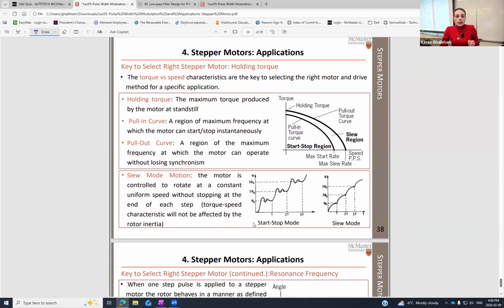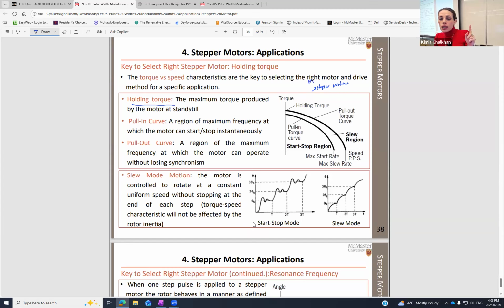And this one is the holding torque. Holding torque means you are going to speed up to a certain point, and then you are going to hold it for a certain period of time, right? And that's what we call holding torque. That's the maximum torque that any stepper motor can give.